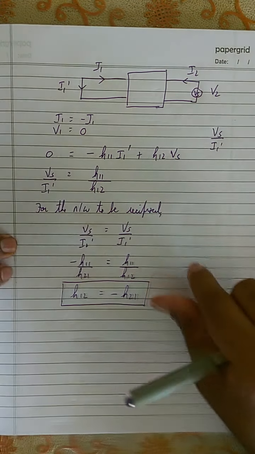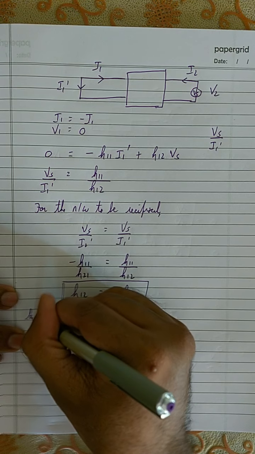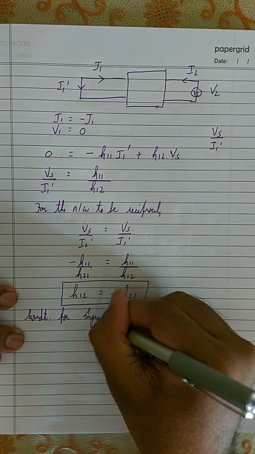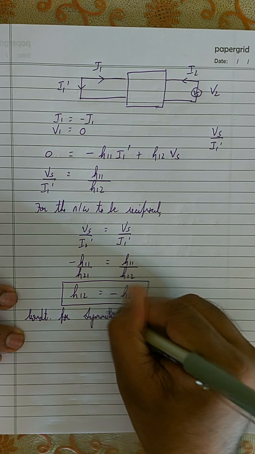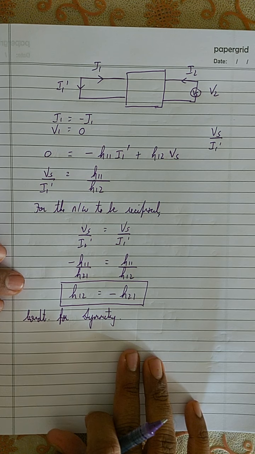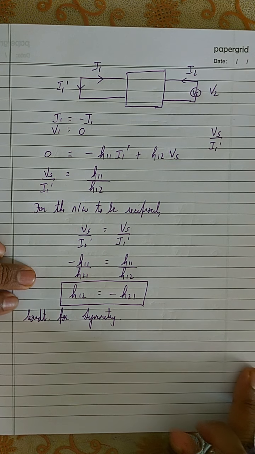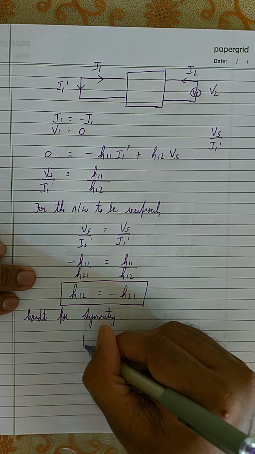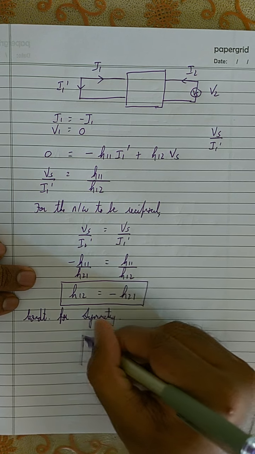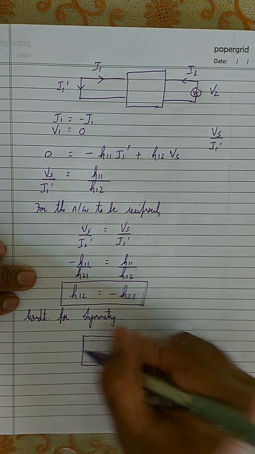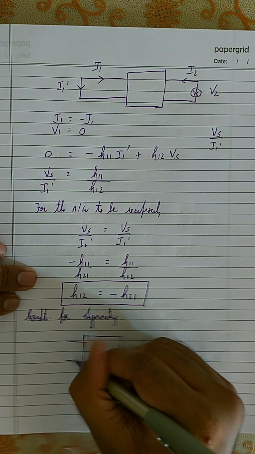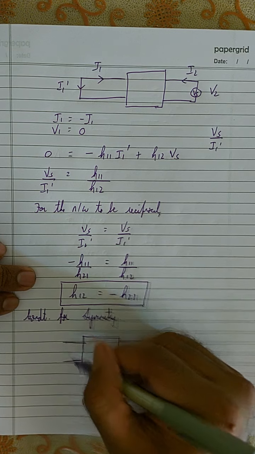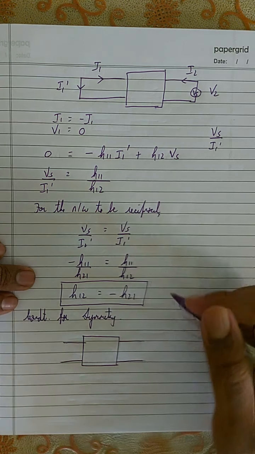Next we will check the condition of symmetry. The network is said to be symmetrical when the voltage to current ratio of one port is equal to the voltage to current ratio of the second port, if in both the cases the other ports are open.